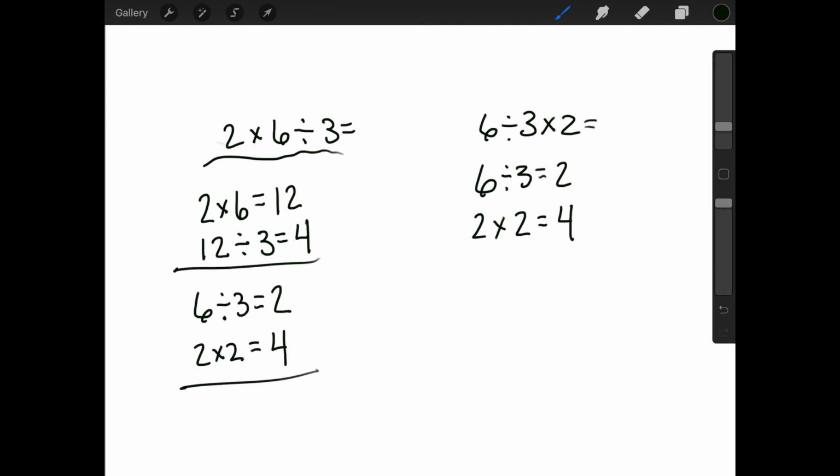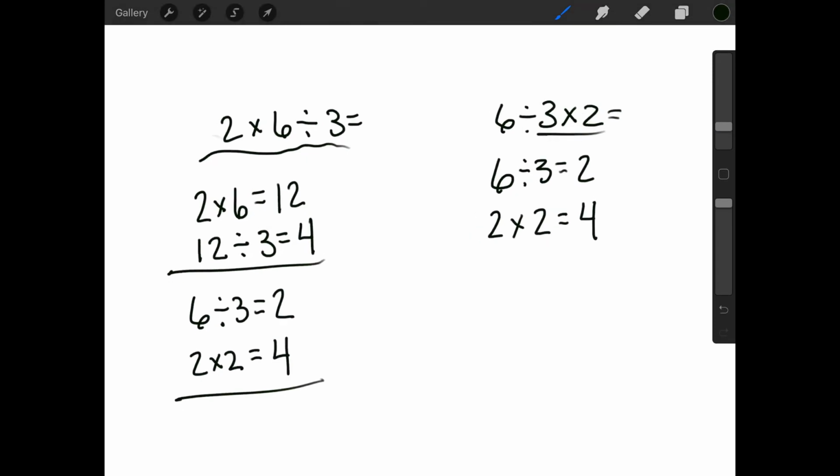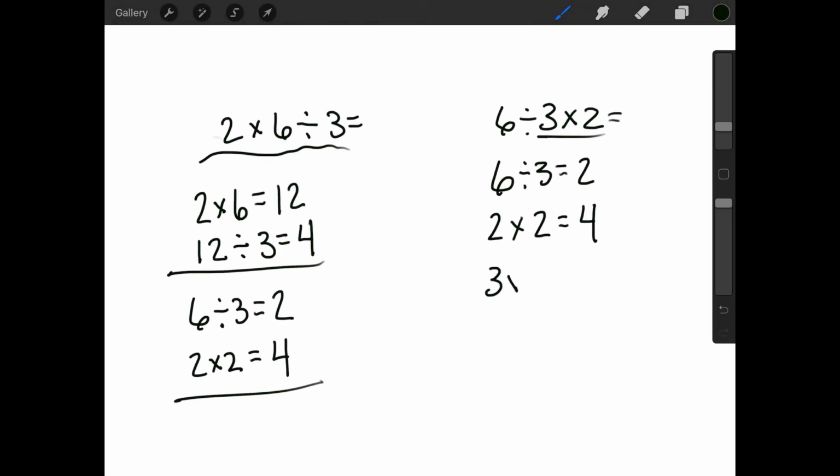Now, here's where the problem comes in. If, on the other hand, we follow the rule of multiplying first, and division is on the left, then we multiply first, we get 3 times 2 equals 6. And now we go 6 divided by 6, and that equals 1.